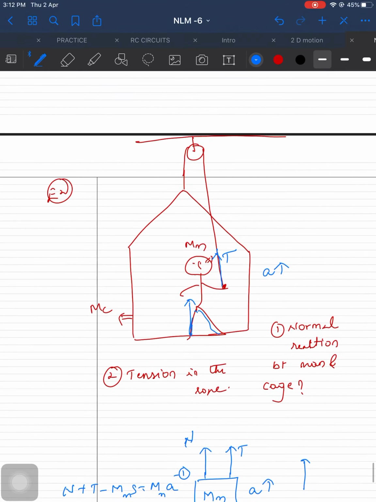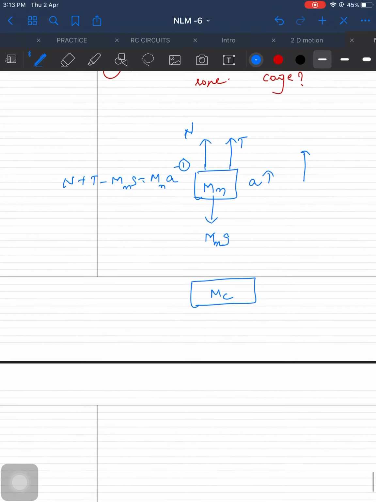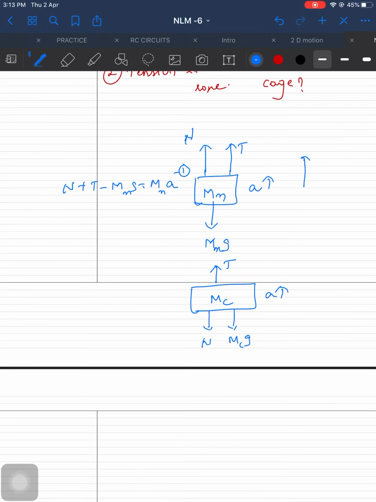How many forces are acting on the cage? This is one force, upward tension, and there is a normal from the man acting on the cage in the downward direction. So tension in the upward direction, normal in the downward direction, mc into g acting in the downward direction, but acceleration in the upward direction.